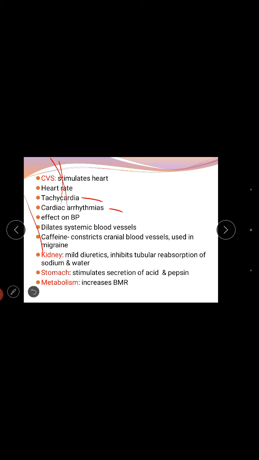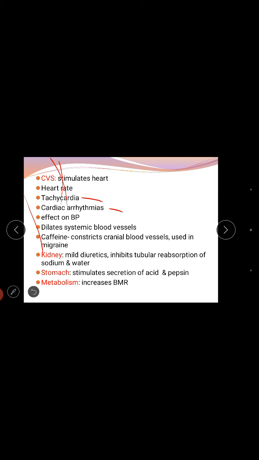Effect on BP is variable: vasomotor center stimulation and direct cardiac stimulation cause rise in BP, and vagal stimulation and vasodilatation cause fall in BP. Usually there is a rise in systolic and fall in diastolic BP. Caffeine especially dilates systemic blood vessels also.